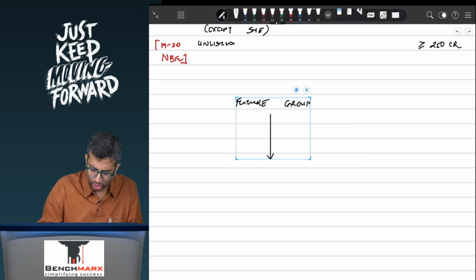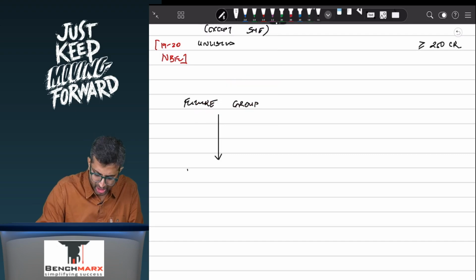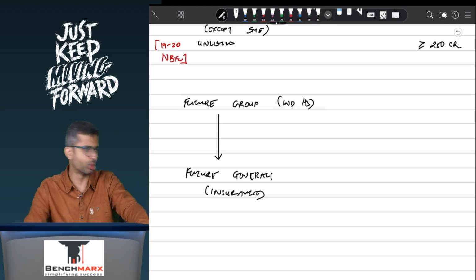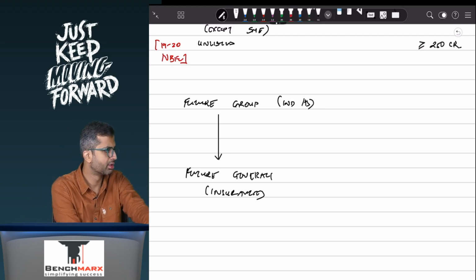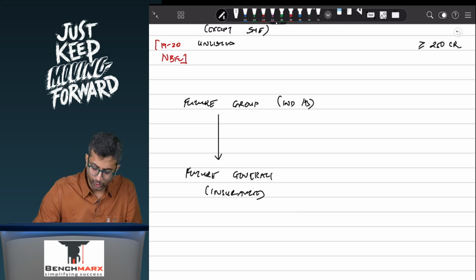Let's say there is a Future Group of Kishore Biyani, where there is a company called Future Generali, which is an insurance company. Now let's say Future Group, Ind AS is applicable. Let's say Future Generali is a subsidiary or a joint venture. Will Future Generali, which is an insurance company, also have to follow Ind AS, or in its SFS it has to follow AS?